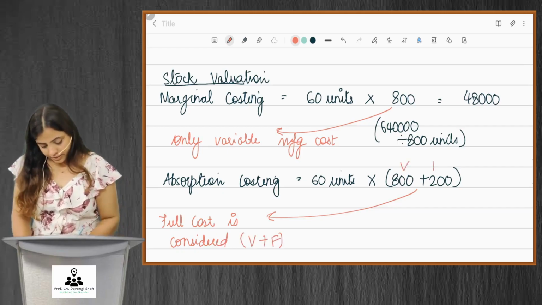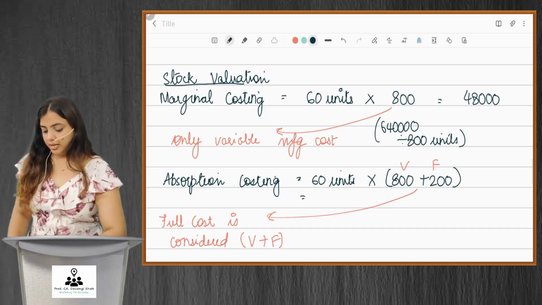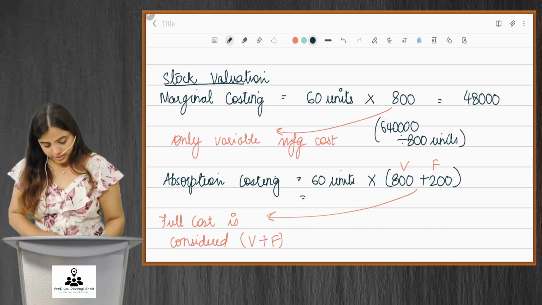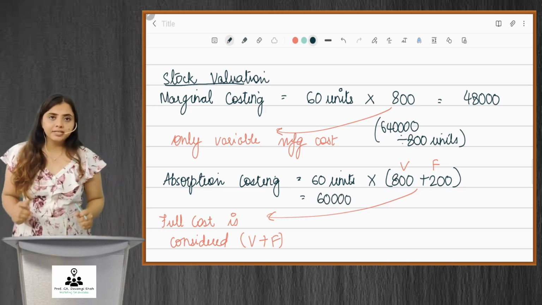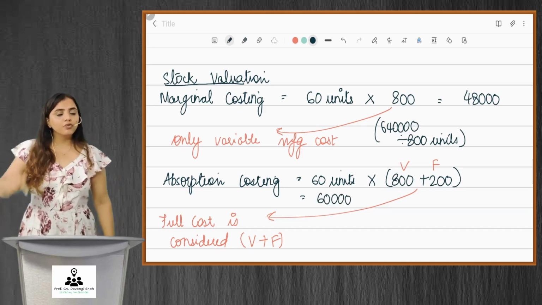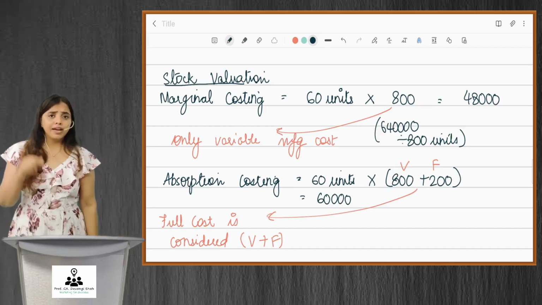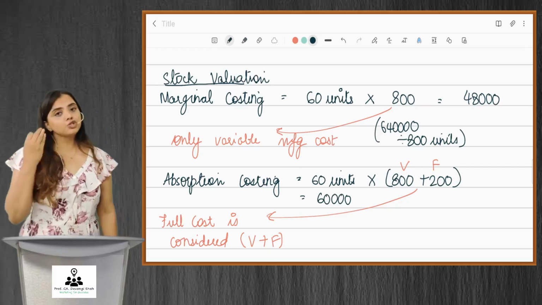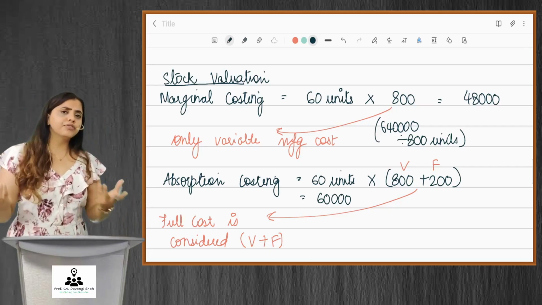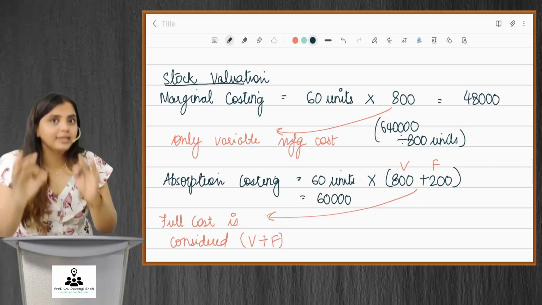This is variable, this is fixed. So what do you get? 60 into 1000, you get 60,000. So when you make the profitability statement, marginal costing would value these 60 units at 48,000, but the same stock will be valued under absorption costing at 60,000. And when the stock values differ, obviously your profit is going to be different. And let me tell you, it will be different only because of this reason.